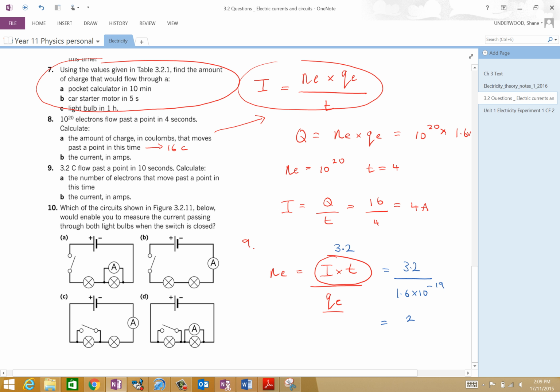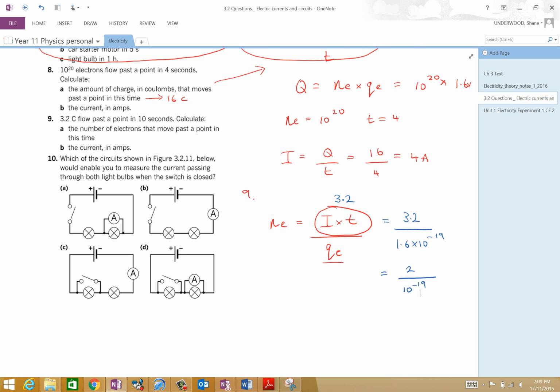Now let's do that. That's 2 over 10 to the power of negative 19. Now if I was to do my index laws, what would I do with, well, that's like 2 times 10 to the power of 0, if you like. What could I do with this?